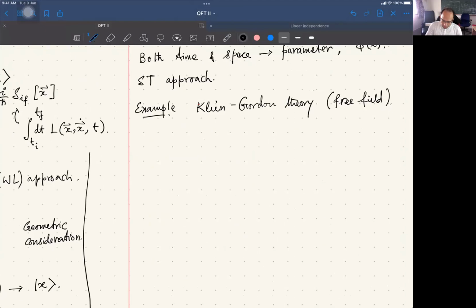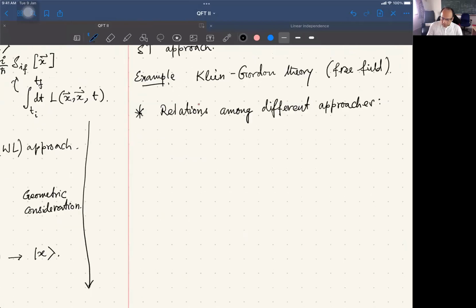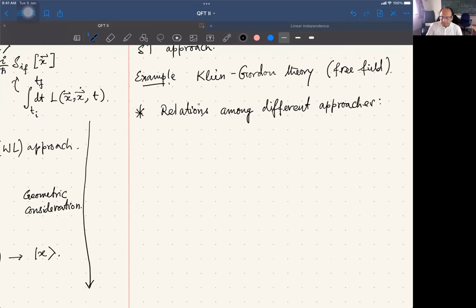Now, the relations among different approaches, and this is important to appreciate. So, a non-relativistic world-line approach for a free particle.